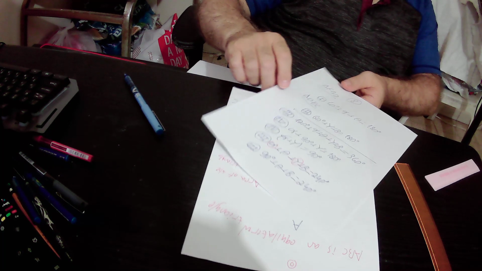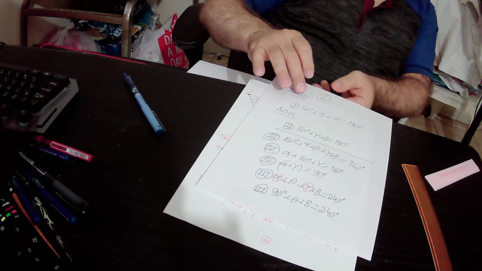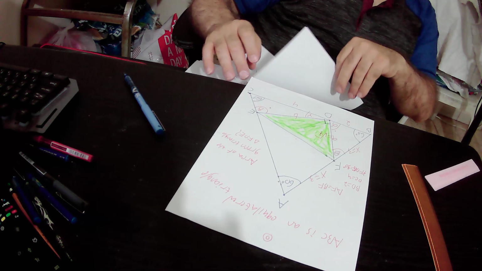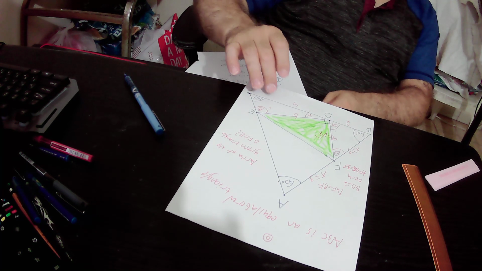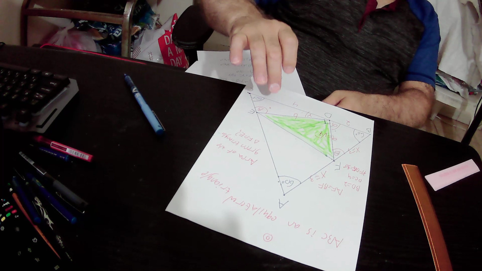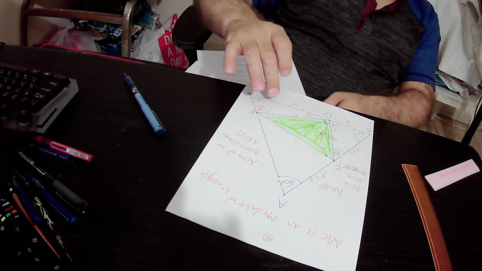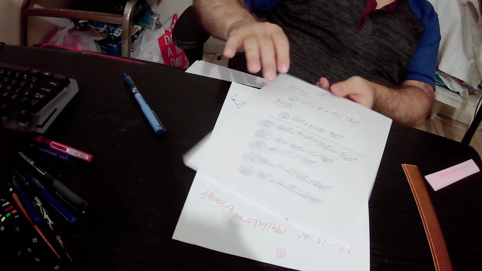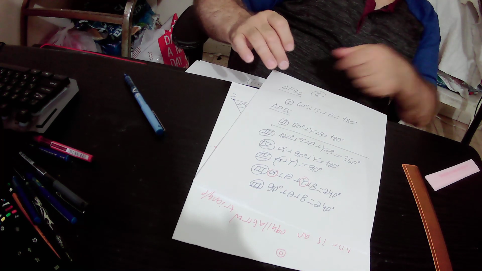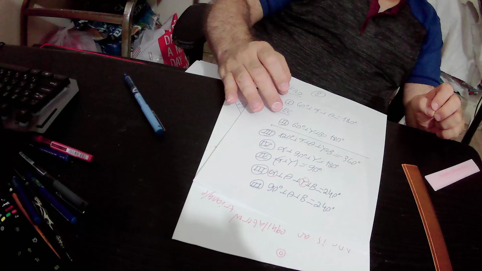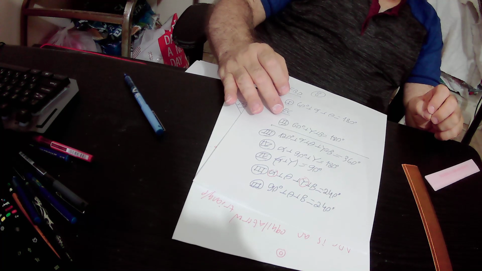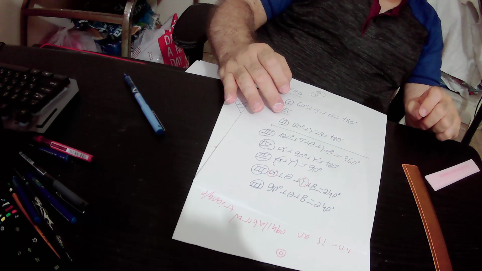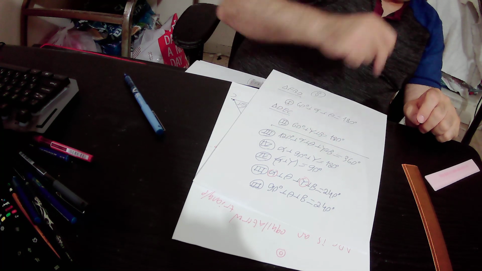That was our first equation. The second equation states that the sum of the angles in triangle DEC equals 180 degrees. That was our second equation, and we added equation number 1 to equation number 2, and we got equation number 3.